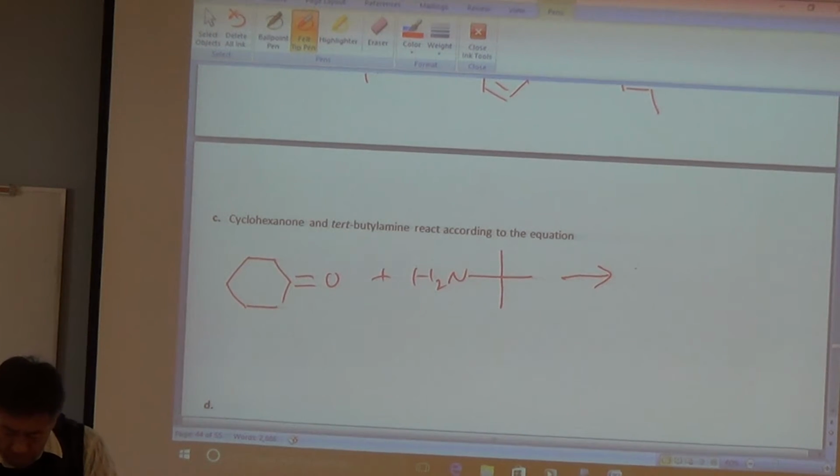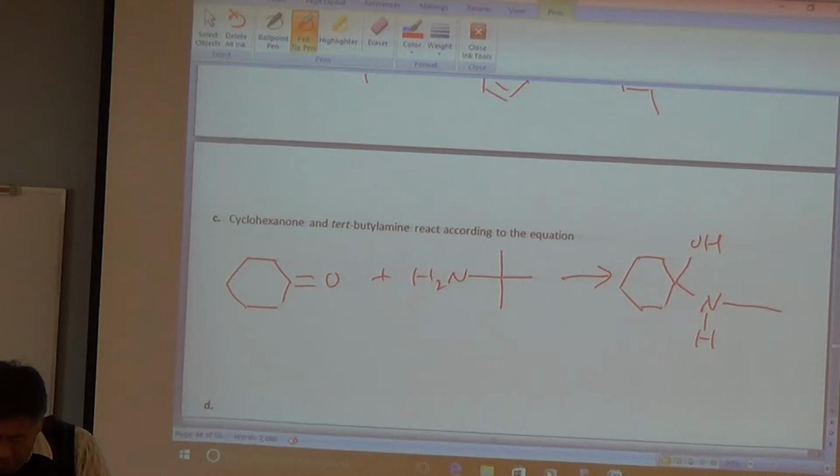You first form your hemiaminol. The hemiaminol will have this OH here, I have the N here and H here. Okay? And then this N is bound to this tert-butyl.